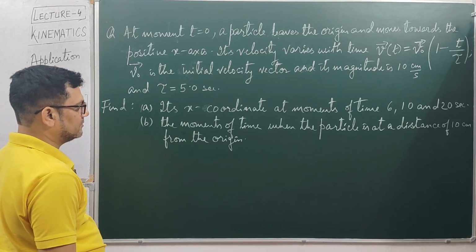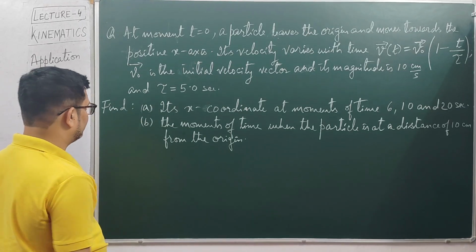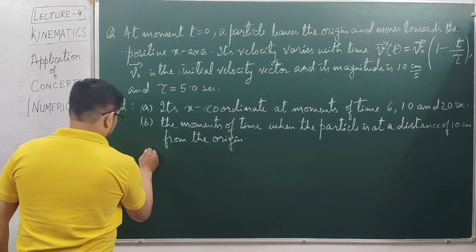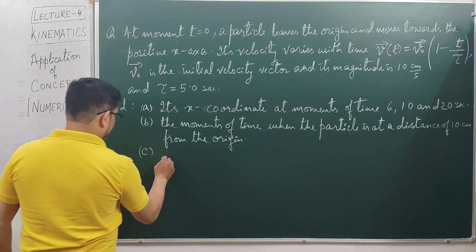So it says 10 centimeter from the origin, so it can either go to positive or it can go to negative of the origin. The third part of the question says that find the distance s.